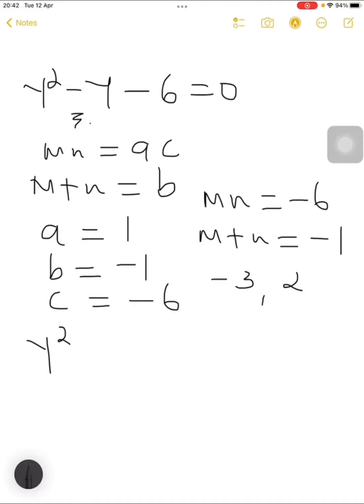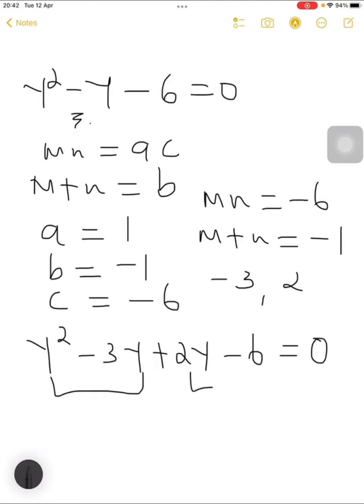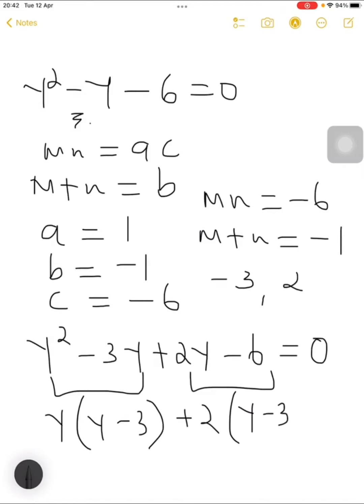So now to proceed from there, we have y squared minus 3y plus 2y minus 6 is equal to 0. Combine these two, and those two you pair them. What is common between the two? y into y minus 3, plus what is common between 2y and 6? 2 into y minus 3 is equal to 0.